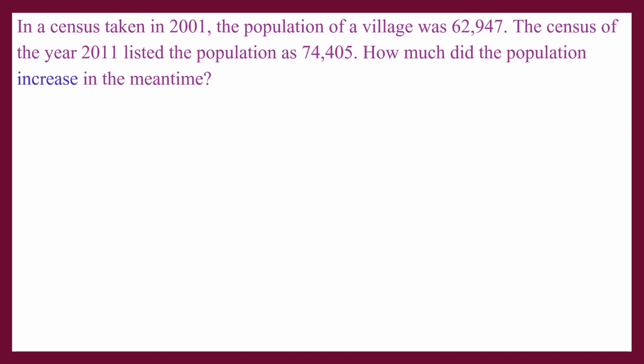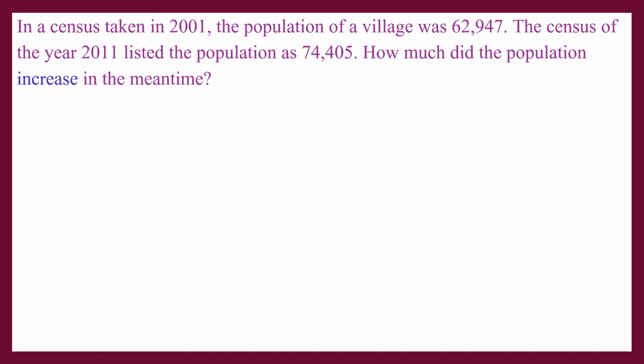So here census means counting the population of the village. So in 2001 the population was 62,947 and after 10 years in 2011 the population was 74,405. So here we have to find out how much the population increased. So increase is our keyword.